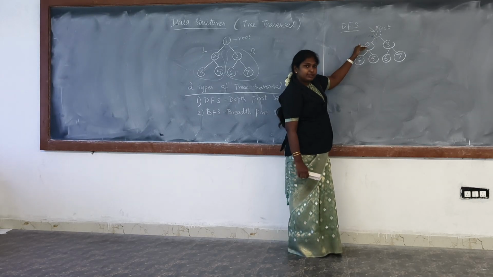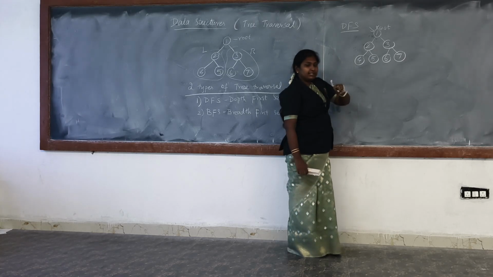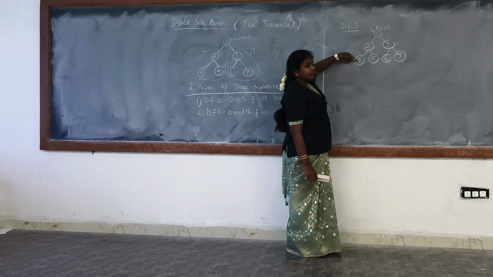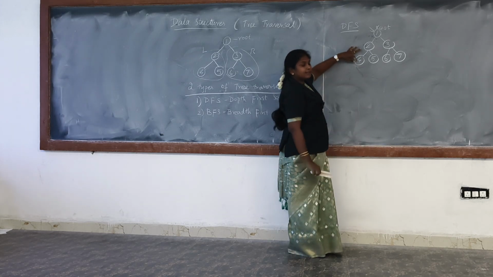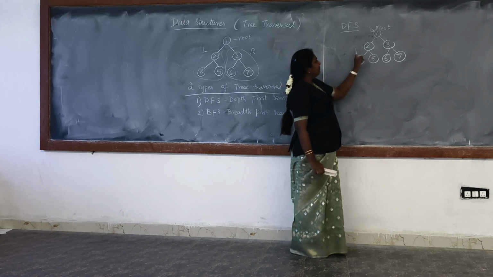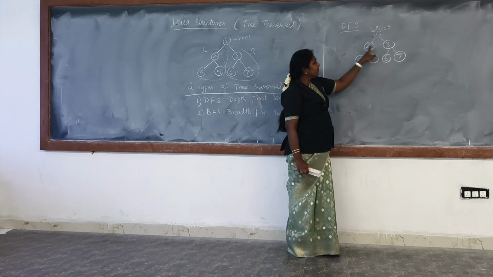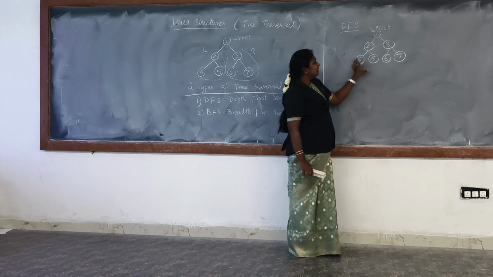After visiting 2, 2 has two branches, 4 and 5. Visit one branch first. So the branch of 2 is 4. So I have completed this, and then I'll check for the branches of 4. There are no branches. So I have to backtrack and go to the other sub branch of 2, and I have to visit 5, and this branch is completed.